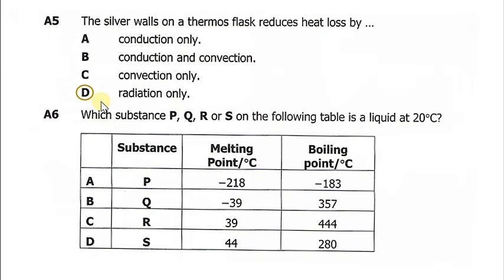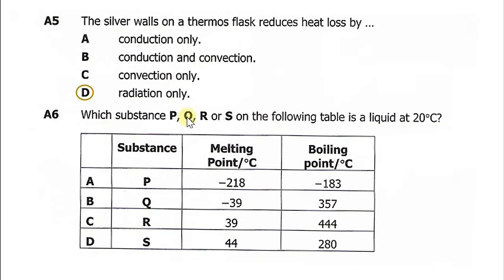So radiation is never stopped. Radiation is a transfer of heat even through a vacuum. In a thermos flask, if you look at the structure of a thermos flask, except I didn't put that structure here, unfortunately, I'm sorry.